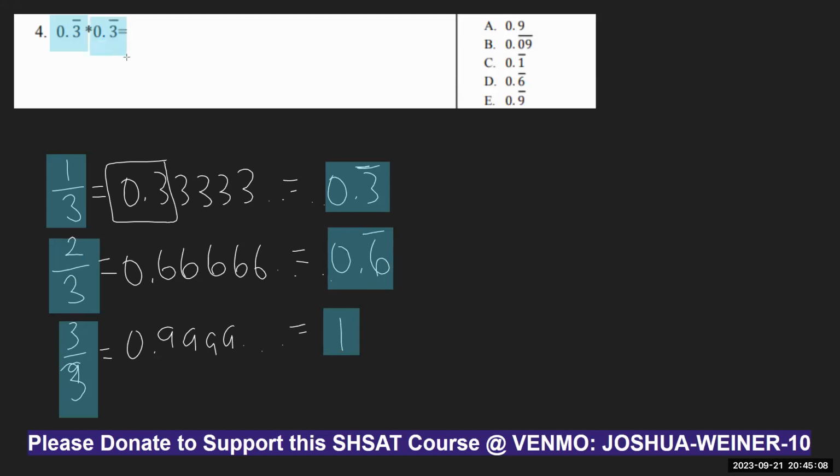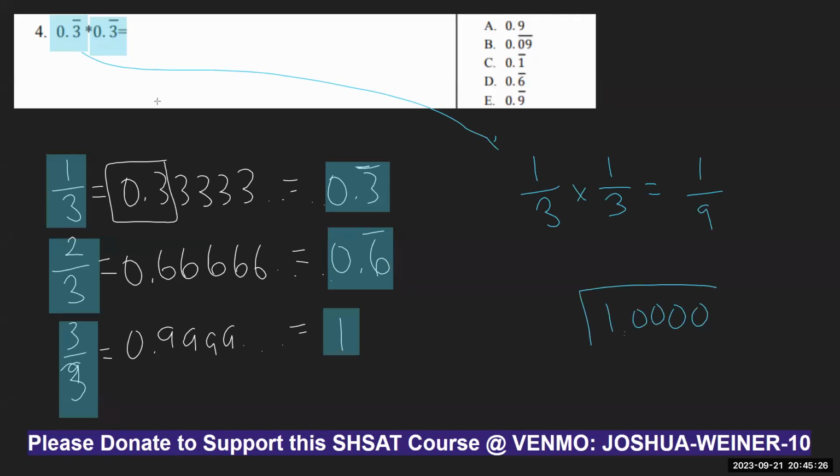All right, so ladies and gentlemen, we really have a third times a third, right? Because each of those is a third. So that's equal to 1/9. 1 divided by 9. 9 is bigger than 1, so we put a 0. 9 goes into 10 one time.